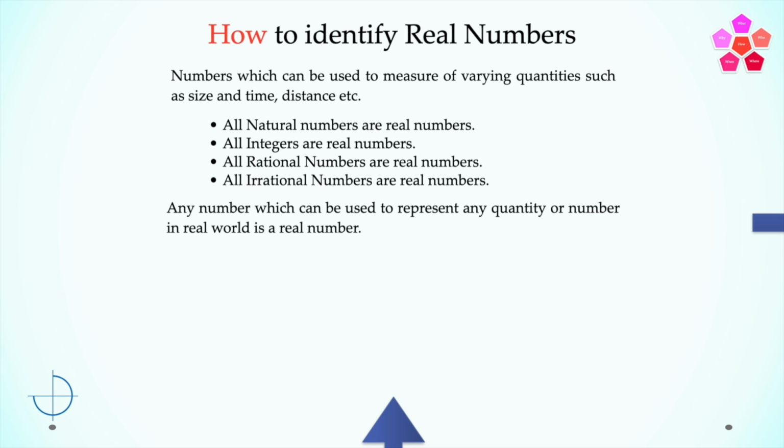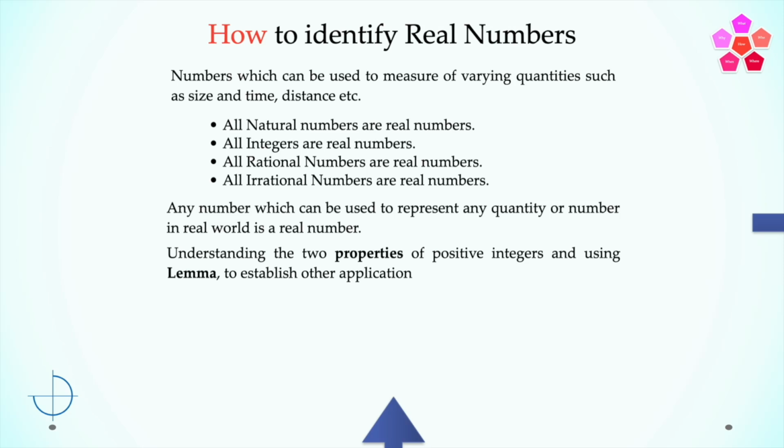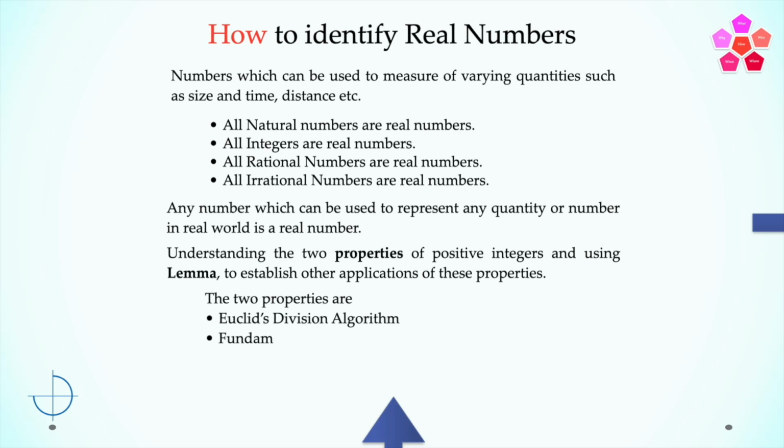This course is about understanding the two properties of positive integers and using lemma to establish other applications of these properties. The two properties are Euclid's division algorithm and the fundamental theorem of arithmetic.